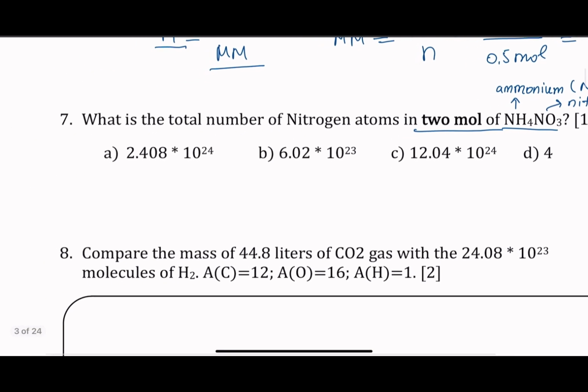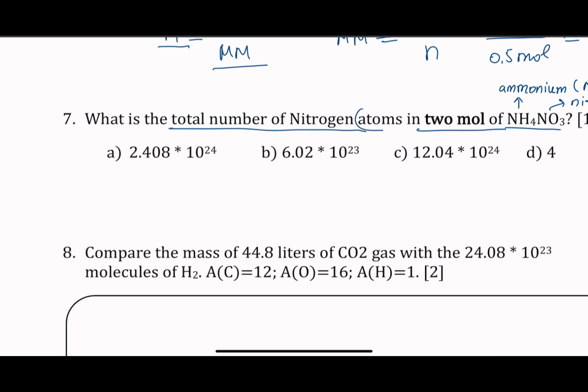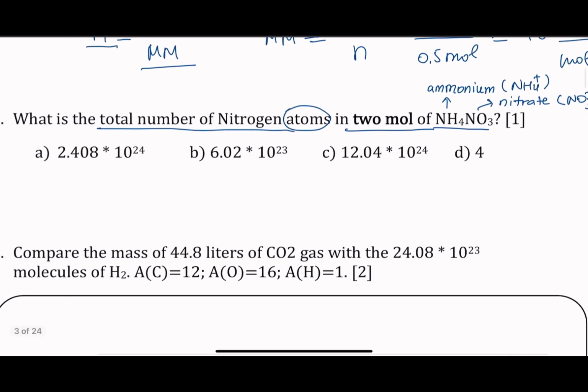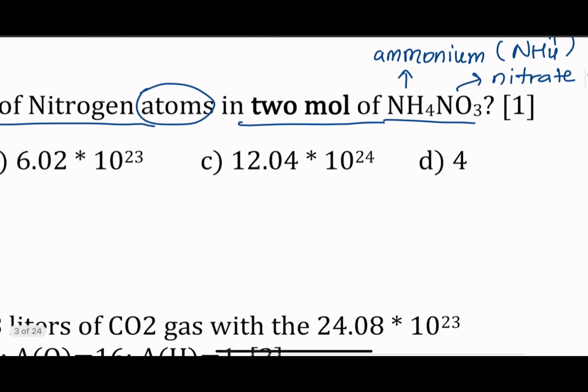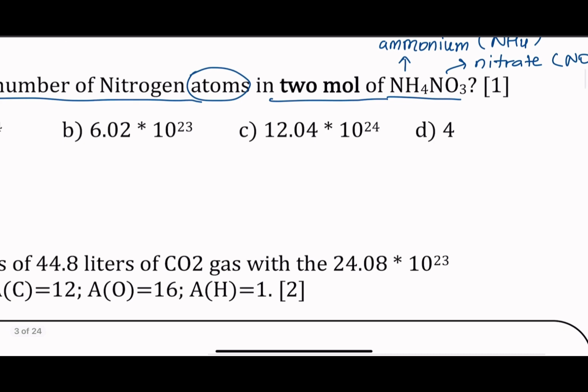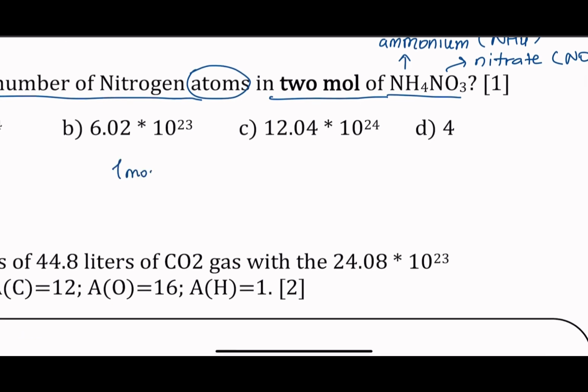Okay, so what is the total number of nitrogen atoms? It's not telling us the number of moles. It is asking us for the exact number of atoms. So if you have 2 mole of this, if you check for 1 mole of ammonium nitrate, as you see, you have 2 mole of nitrogen, right? 2 mole of nitrogen.